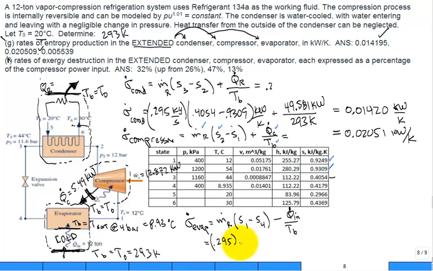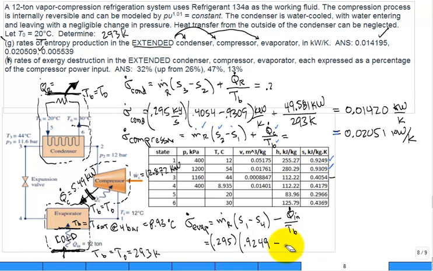0.295 times S1, 0.9249 minus, whoops, not that, S4.